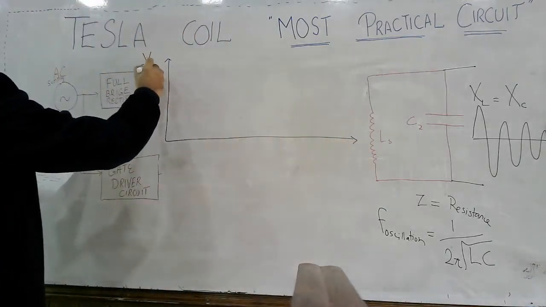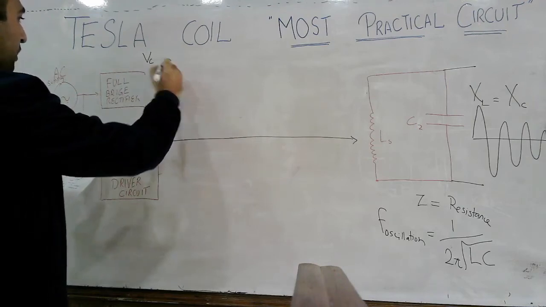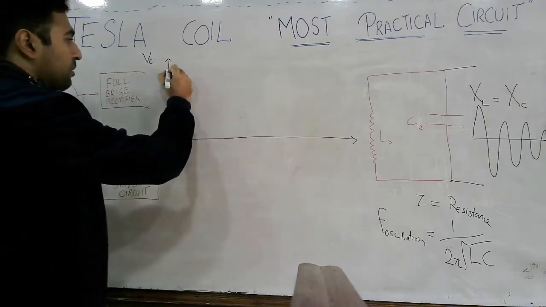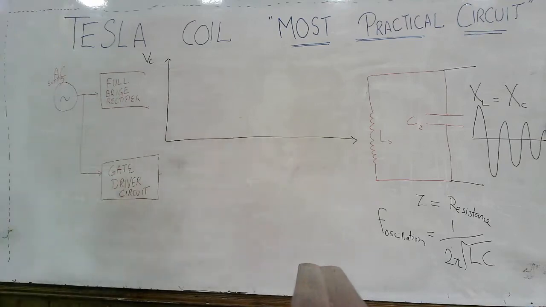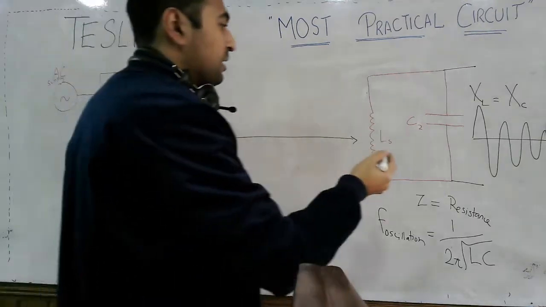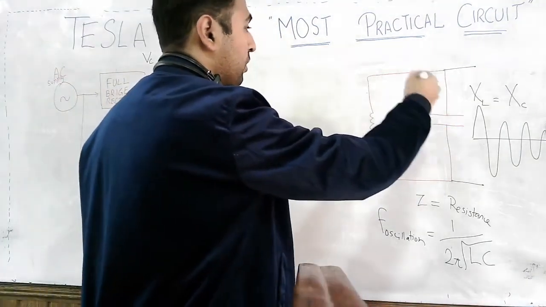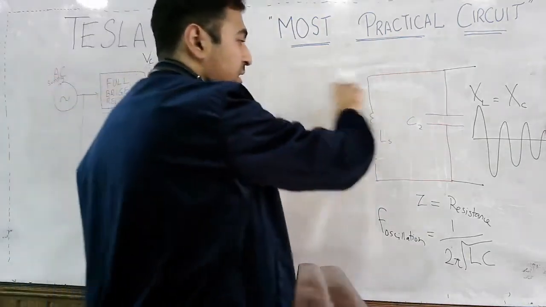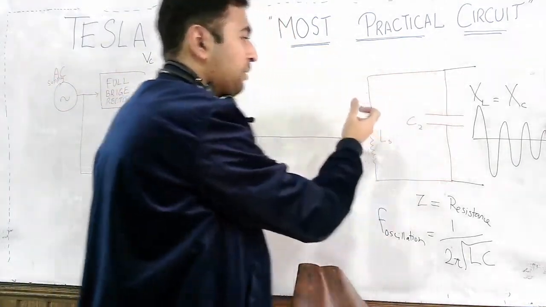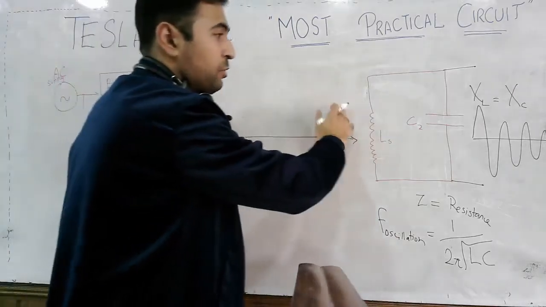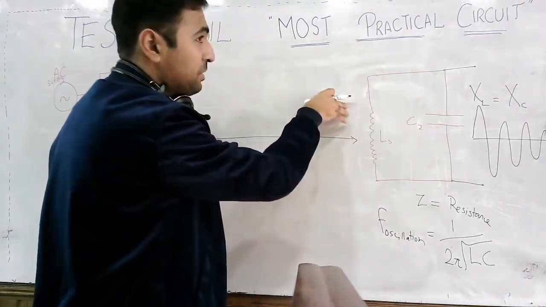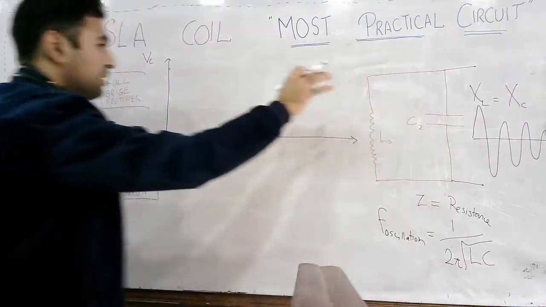Let us say at start, this is the capacitor voltage, which is the maximum. Now, what does the capacitor want? Capacitor doesn't want the change in voltage across it, because once you have hit this circuit with the wave after the mutual inductance, because here you have the primary side as well, the capacitor is first fully charged.